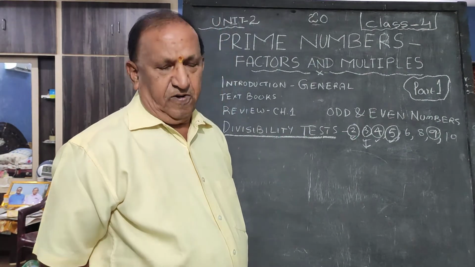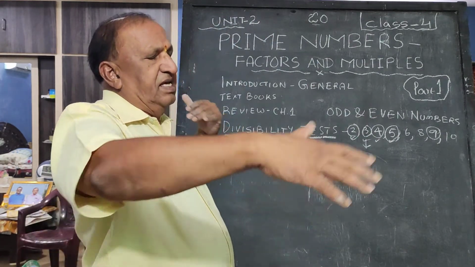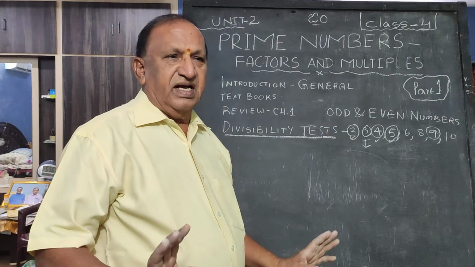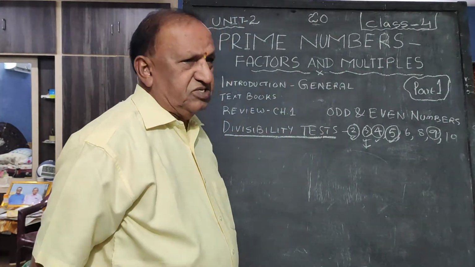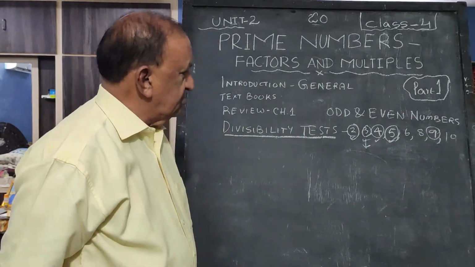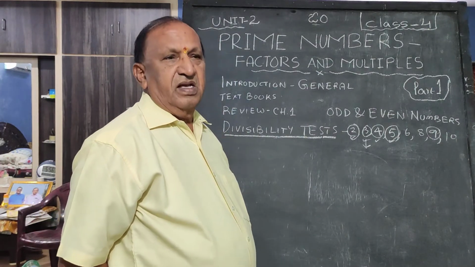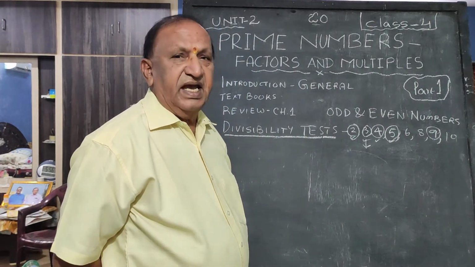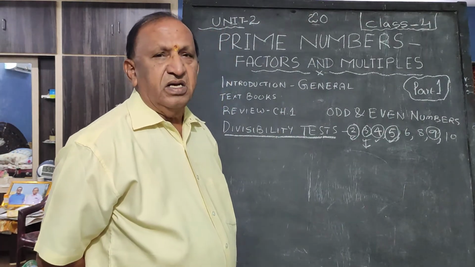Then we have 4. For 4, no matter how big the number is, you consider only the last 2 digits. If the last 2 digits are divisible by 4, then the number is divisible by 4. For the divisibility test by 5, the digit in the units place has to be either 5 or 0.